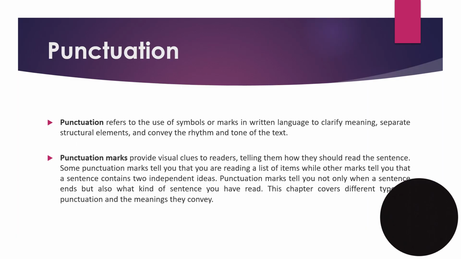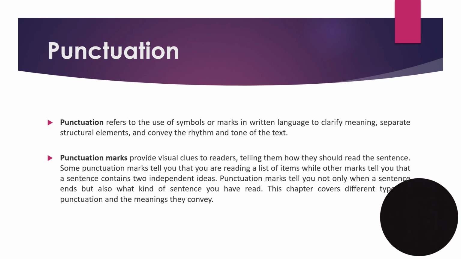Now, let's look at punctuation. Punctuation refers to the use of symbols or marks in written language to clarify meaning, separate structural elements, and convey the rhythm and tone of the text. Punctuation marks provide visual clues to readers, telling them how they should read the sentence.